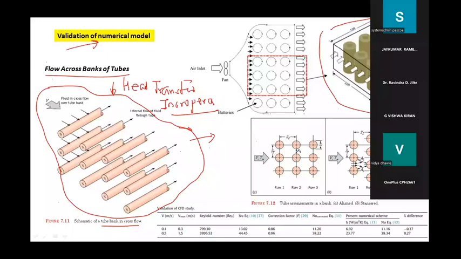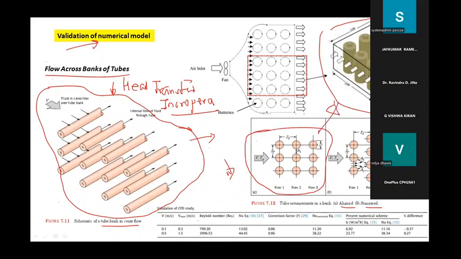In the textbook they have given us two kinds of arrangements. One is called the aligned or inline arrangement, and the second one is the staggered arrangement. Exactly this situation matches with this situation.